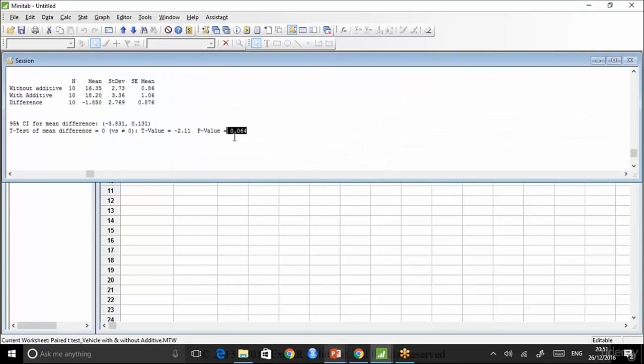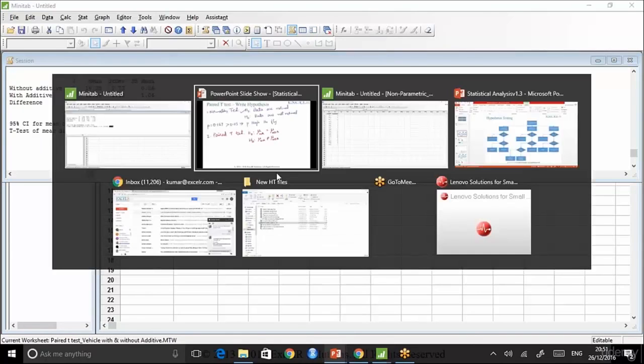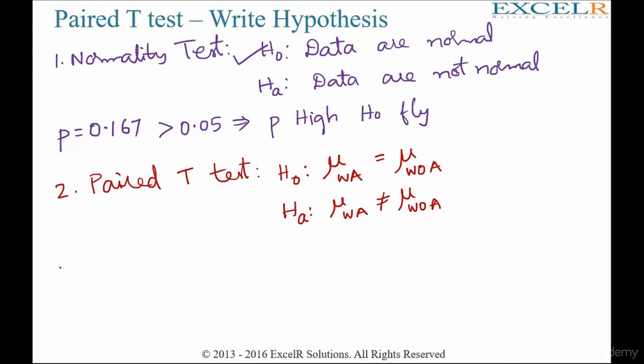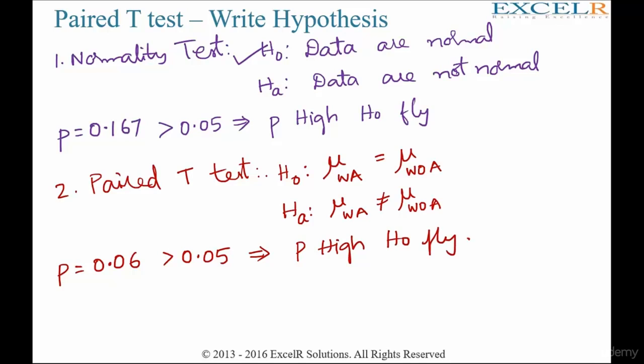The p-value here is 0.06. Is this greater than 0.05? Oh yes. What does this imply? This implies that, once again, p-high, null fly, meaning you fail to reject this. So mileage of the vehicle with and without additive is the same. Don't take any action.